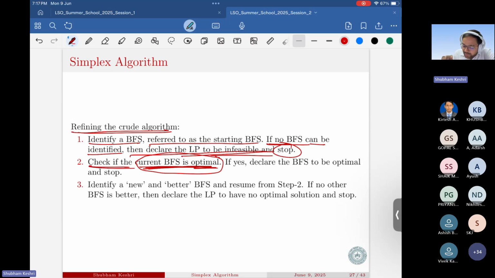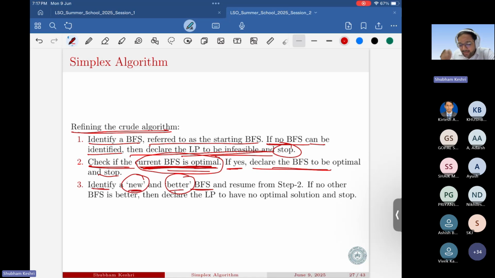Do that check. If the solution is optimal, declare it optimal, and then you stop because you have found the optimal solution. You don't have to go further. If that basic feasible solution is not optimal, then identify a new and better basic feasible solution.